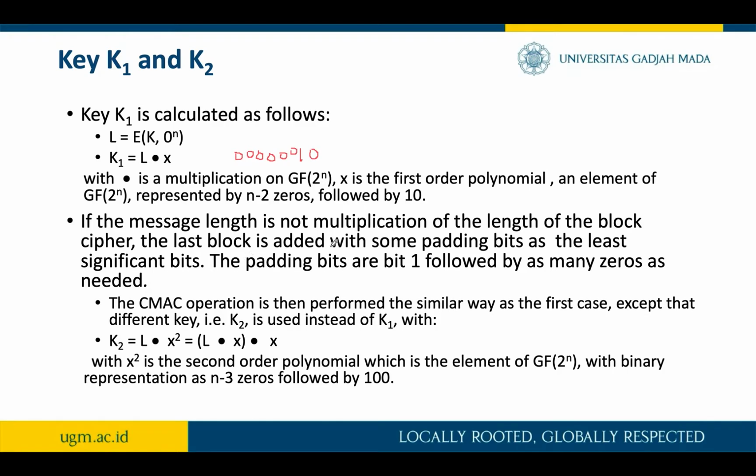If the message length is not a multiple of the block length, then we need to use K2 instead of K1. This is also similar. We first multiply L with X, and then after that, we again multiply with X. So it is a kind of left shift operation.